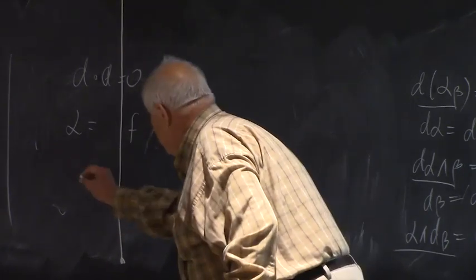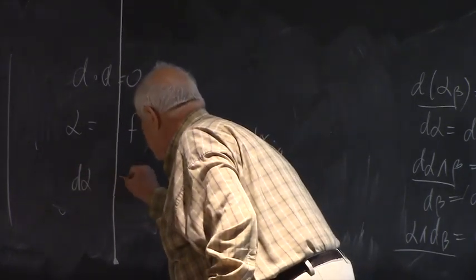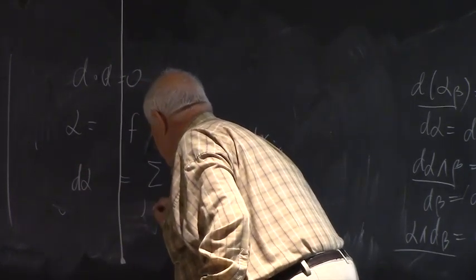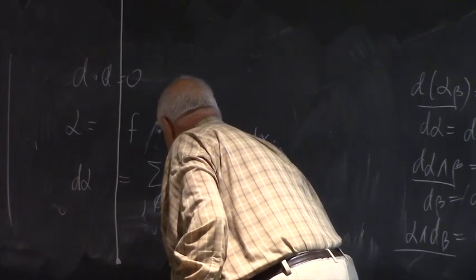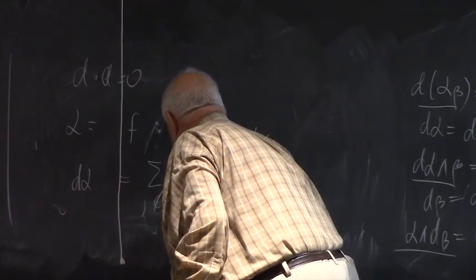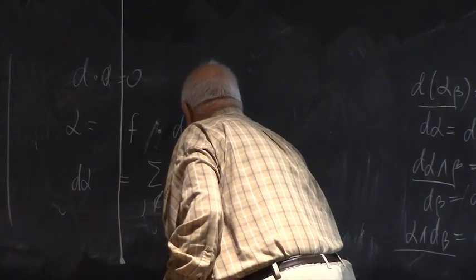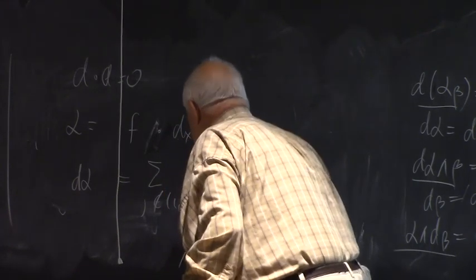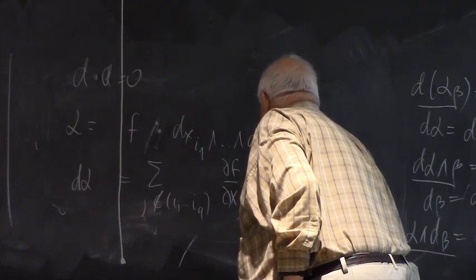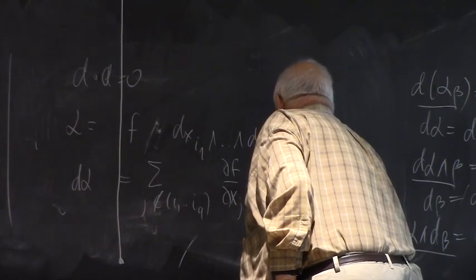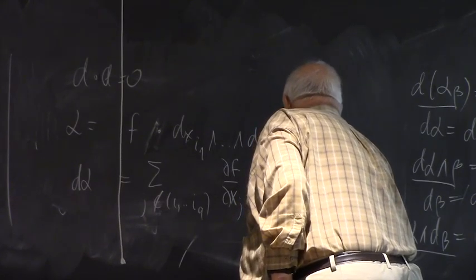Then I take d alpha. This is the sum over j not in i1, ..., iq of df over dx_j times dx_j dx_{i1} ... dx_{iq}.